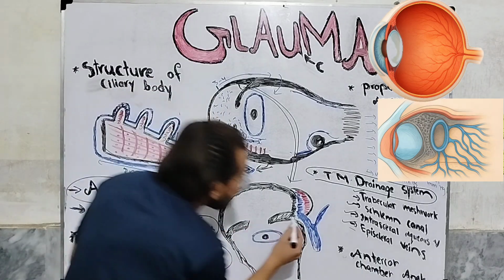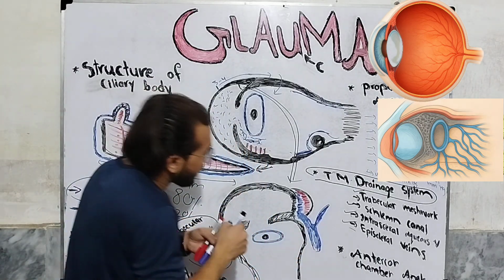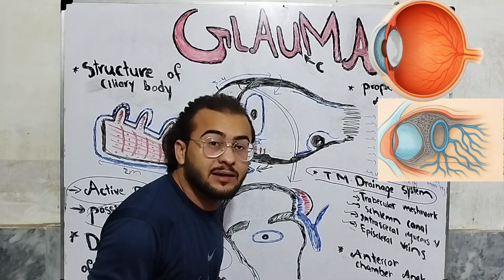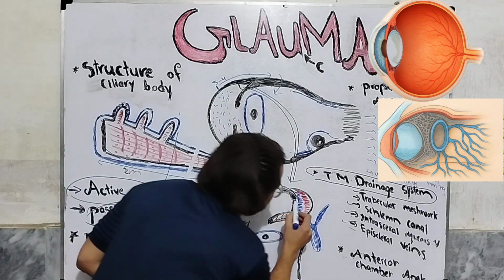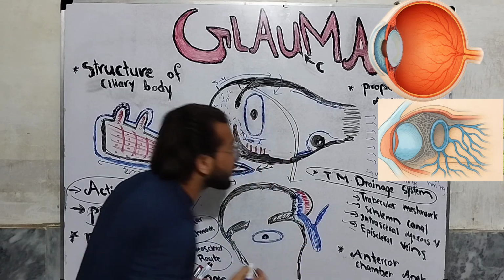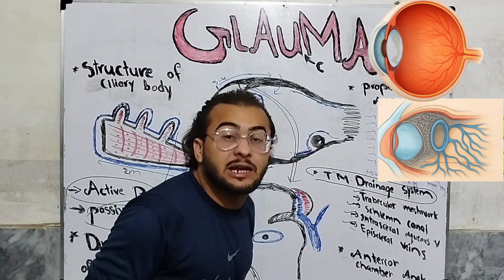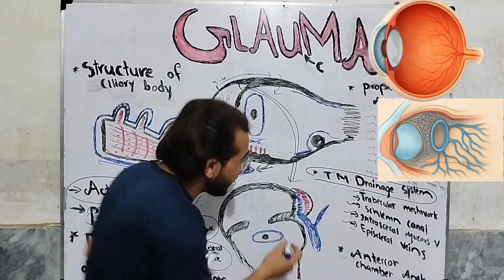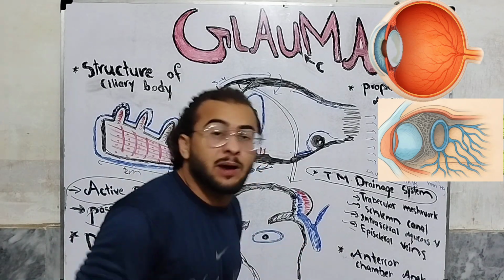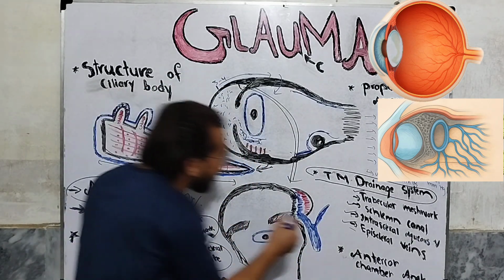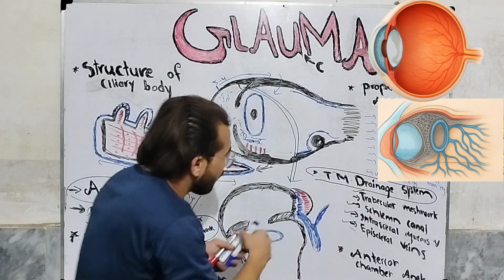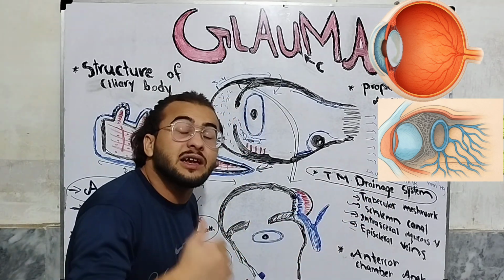From this scleral spur up to Schwalbe's line, this is called the corneoscleral part, as it starts from the sclera and terminates at the cornea. Then we have the last portion of this perforated trabecular meshwork, which is the juxtacanalicular part.